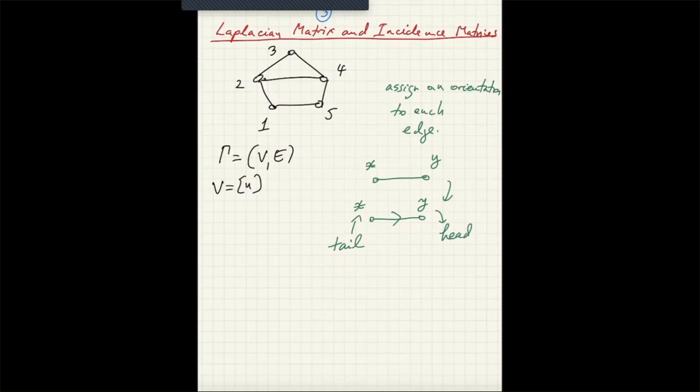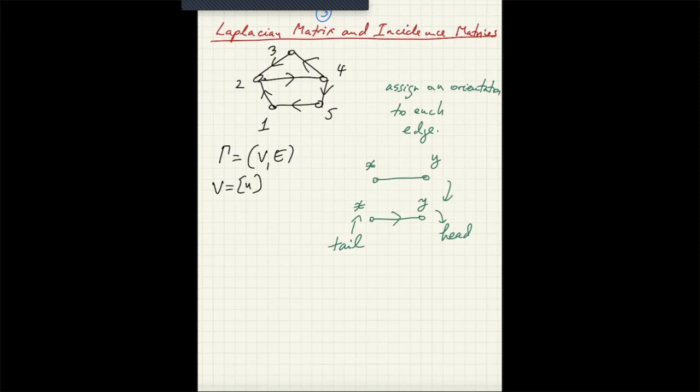I'm getting it messed up. Okay, we'll figure it out. So this is the head, and that's the tail if you do this order this way. So let's say we put an orientation here. Let's say we orient 5 to 1, 1 to 2, 3 to 2, 2 to 4, 4 to 3, and 4 to 5.